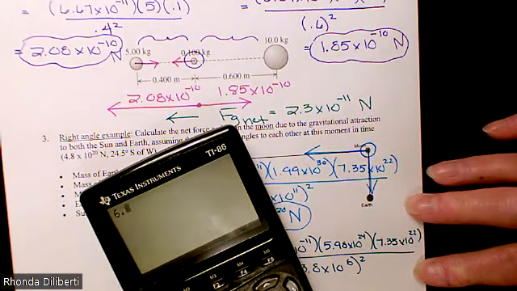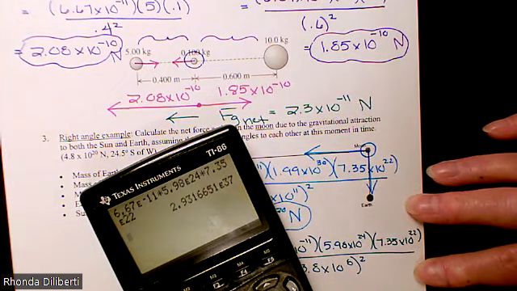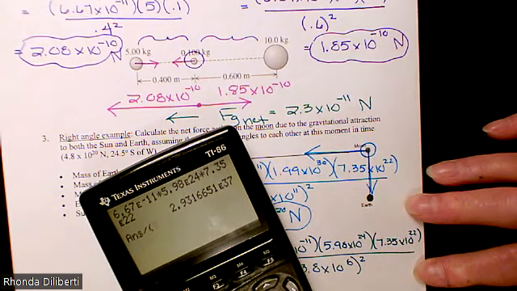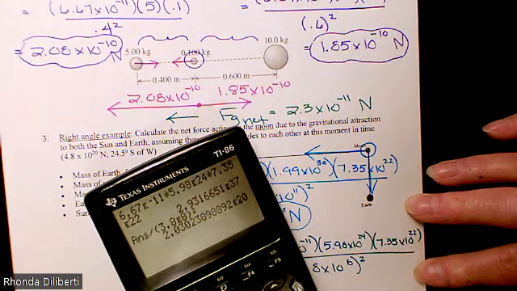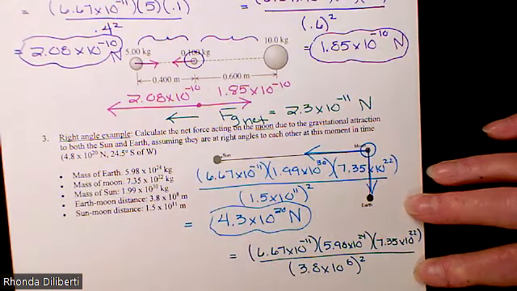All right, so we get 6.67 to the negative 11th times 5.98 to the 24 times 7.35 to the 22, divided by 3.8 to the 8 squared, which is 2.03 times 10 to the 20th newtons.